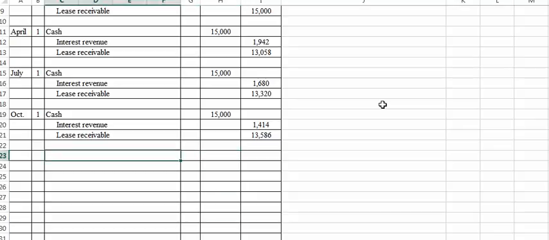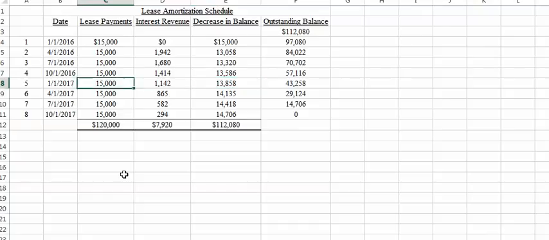Okay, now Edison's year end is also December 31st, so we need to make our adjusting entry here. Edison will have earned some interest on this lease between the October 1st payment and the end of December. So we're going to debit interest, but they haven't been paid yet, right? So it's going to create an asset, interest receivable. For how much? Well, how much interest is going to be paid to them on January 1, 2017? $1,142.